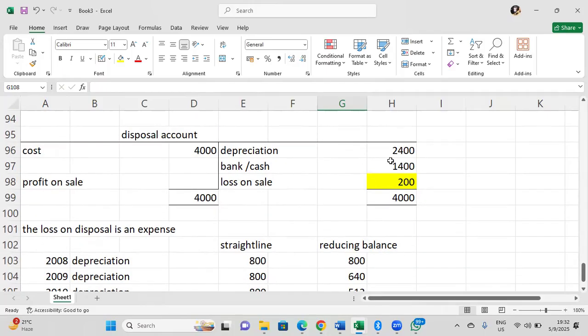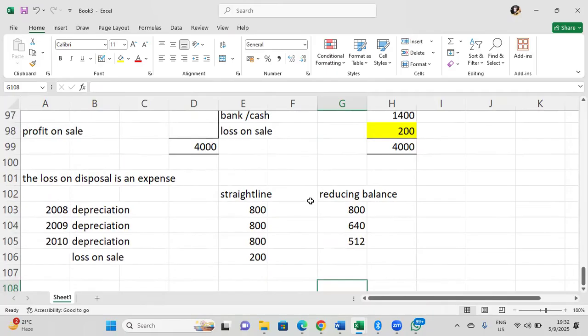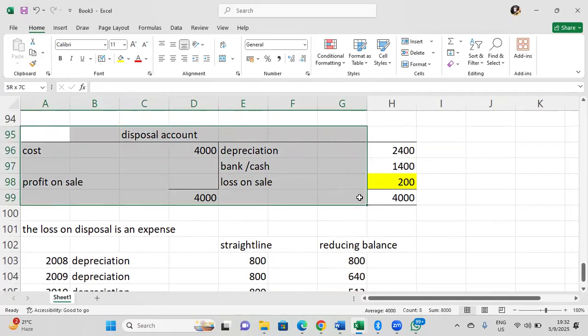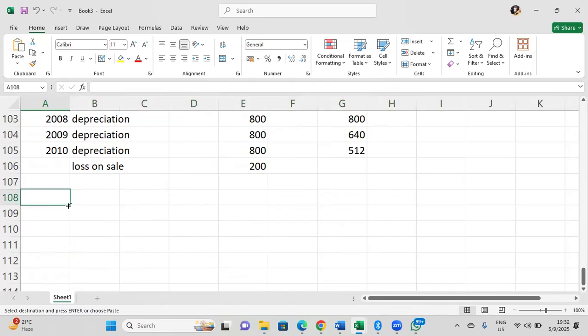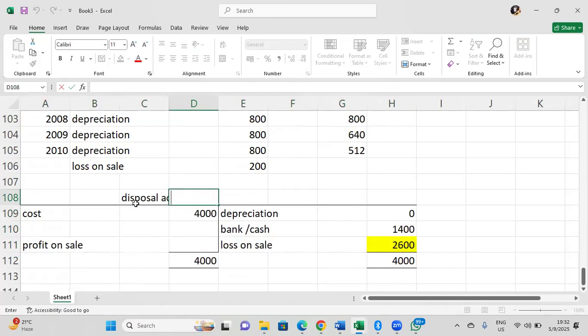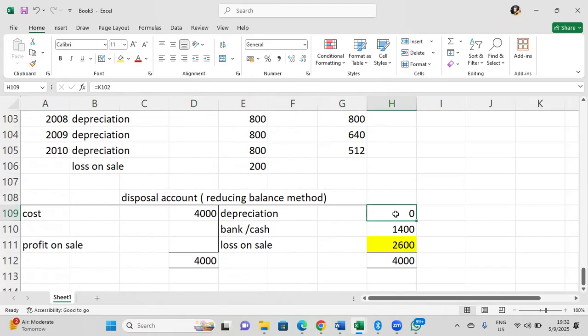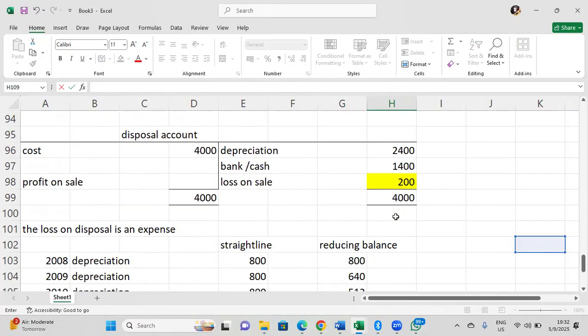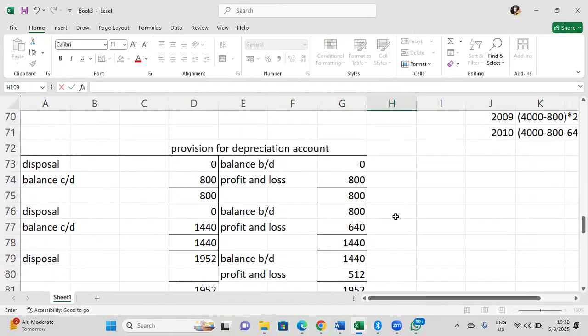So using the reducing balance method, let's just copy that and come up with our disposal quickly. So the disposal using the reducing balance method. For the depreciation, it is the total depreciation.